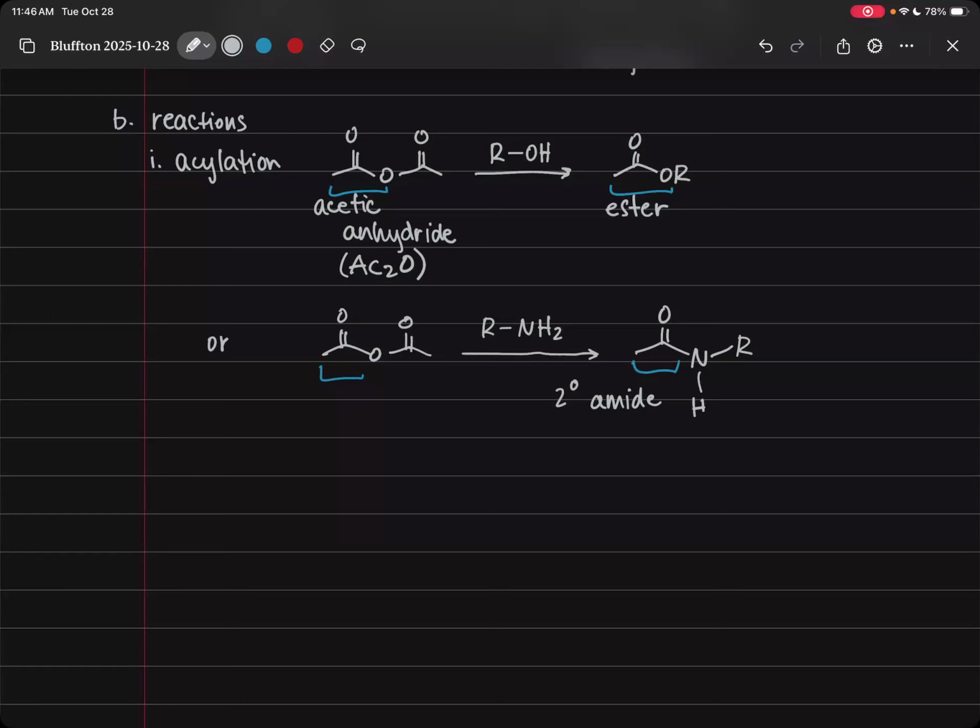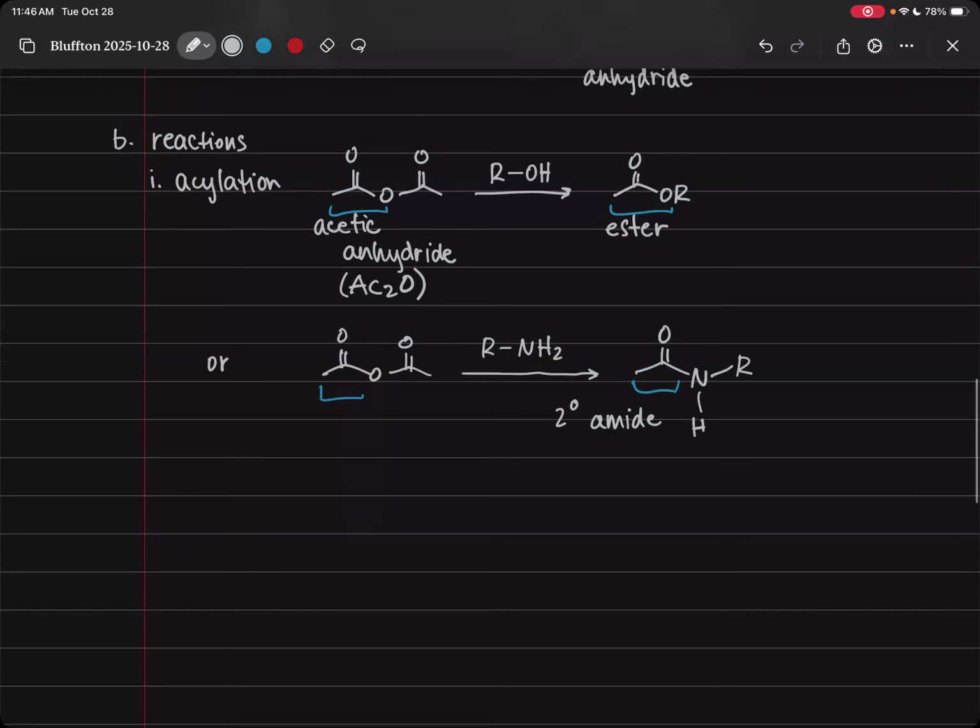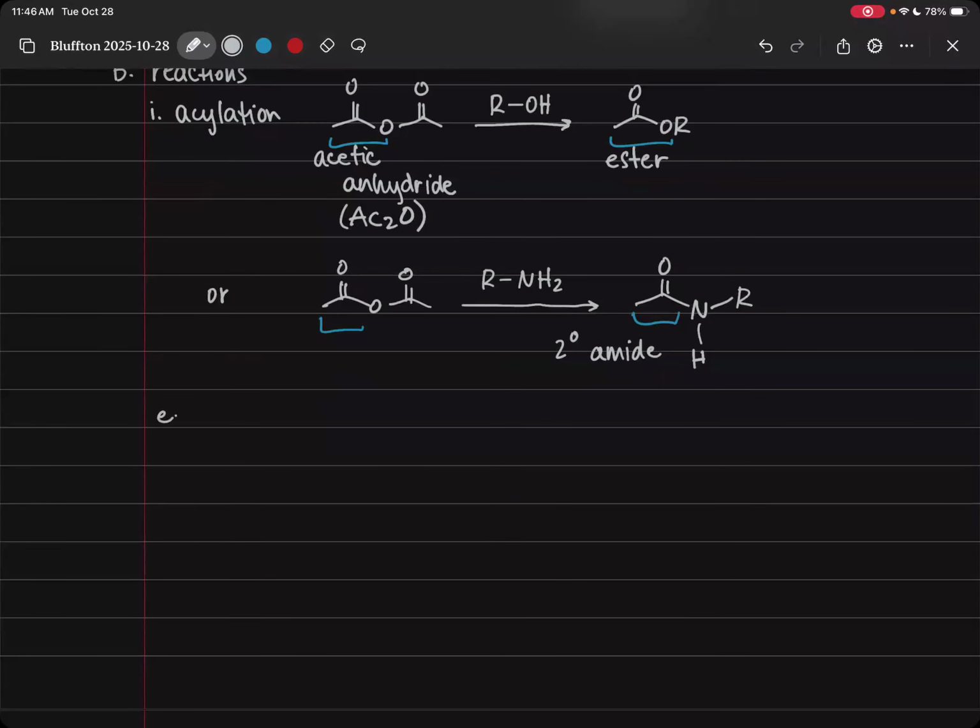Now, by far the most common is with the alcohol on top. And we have seen this before when we did the synthesis of aspirin.